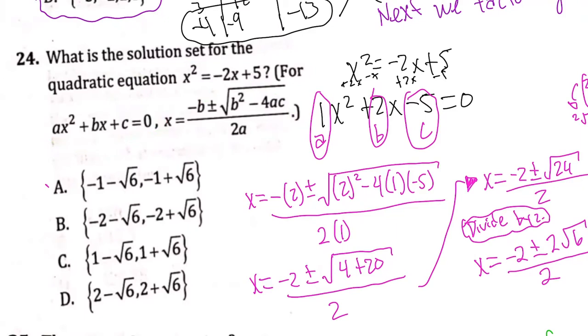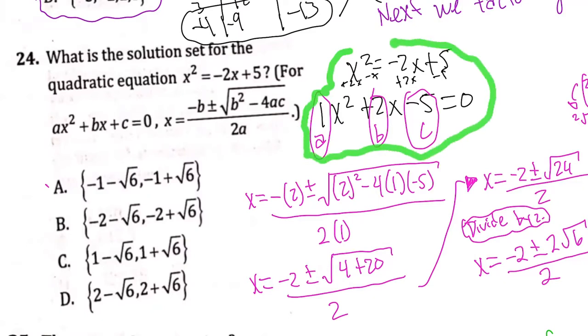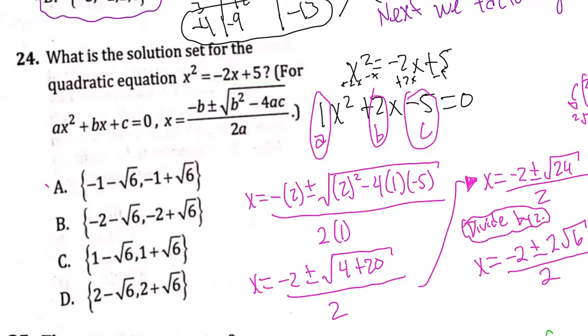What we have to figure out right away is we got to put this in our standard format. So x squared equals -2x plus 5. We have to add 2x on both sides and subtract 5 on both sides, and it's going to give me x squared plus 2x minus 5. My a value is 1, my b value is 2, and my c value is -5.